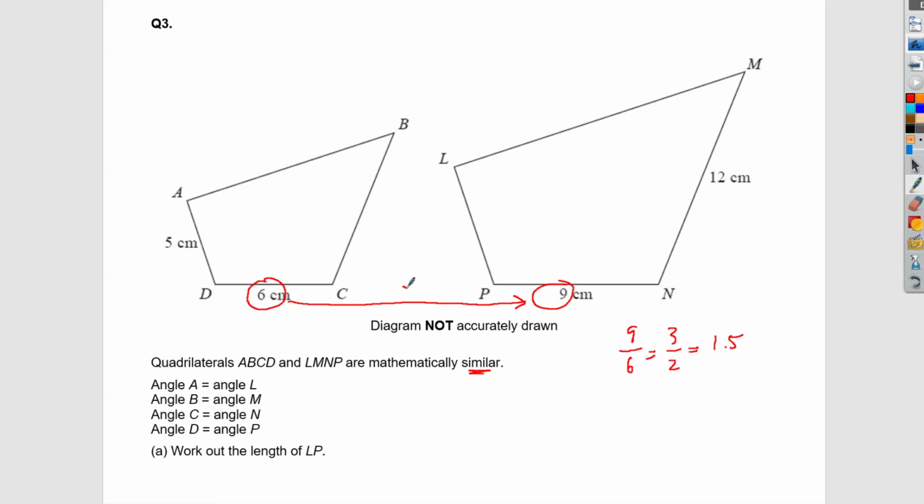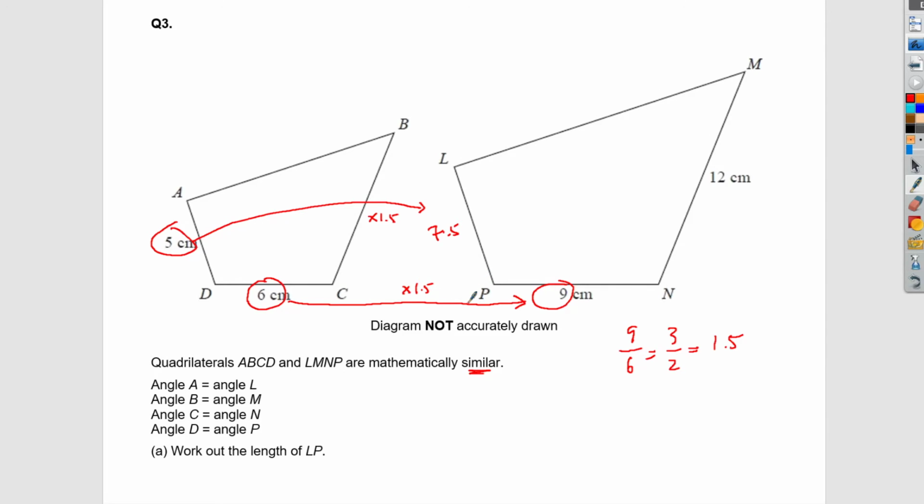So the multiplier is times by 1.5. So what does the question say? Work out the length LP. You know that one is 5. So going from 5, we multiply 5 by 1.5, and you get the length 7.5. Okay, so LP will be length 7.5.